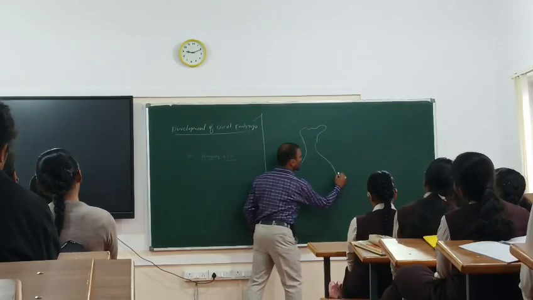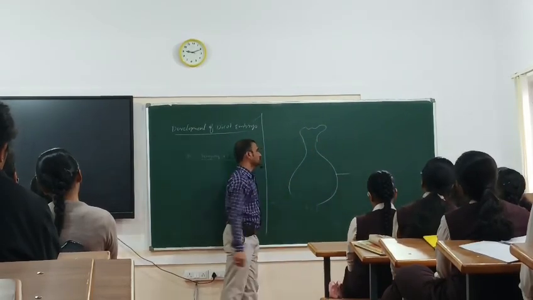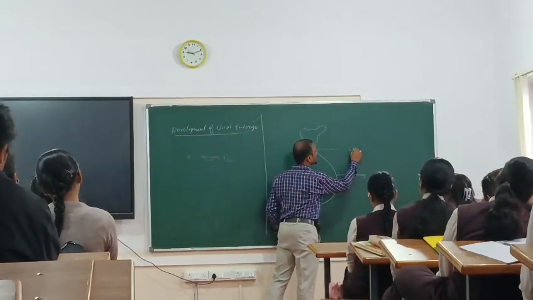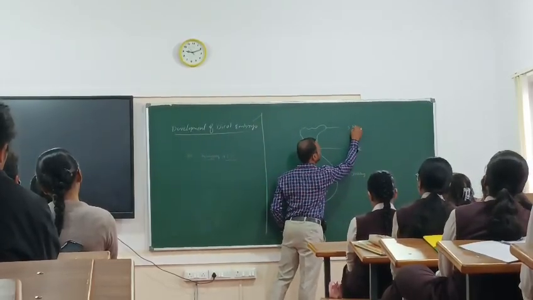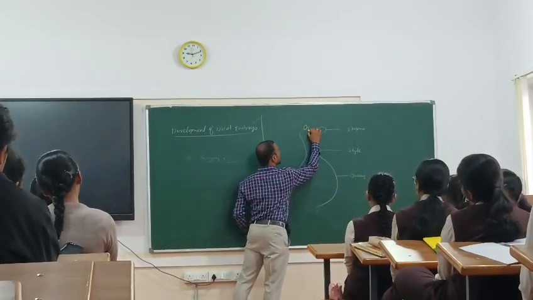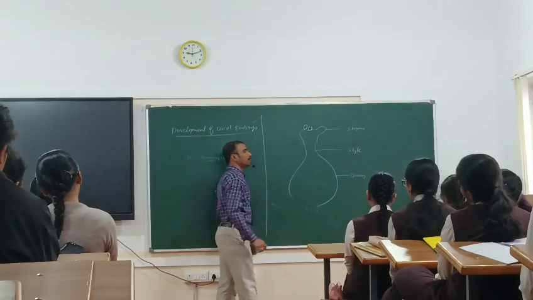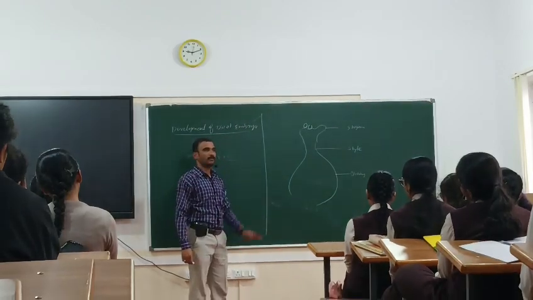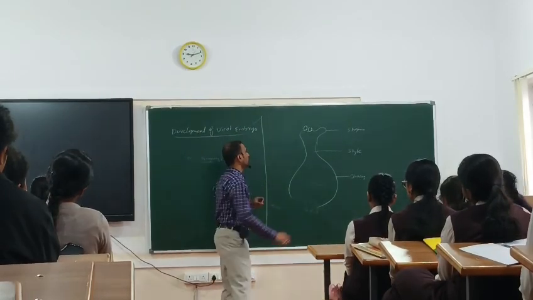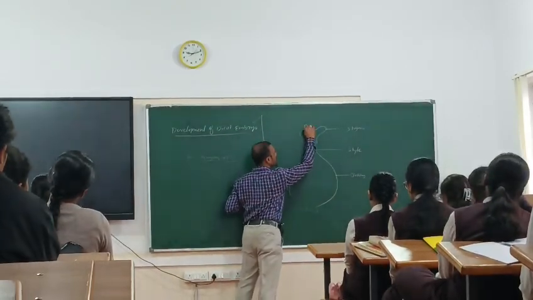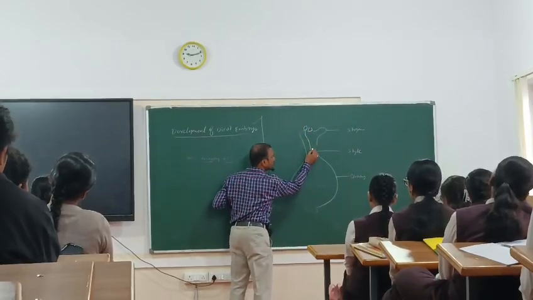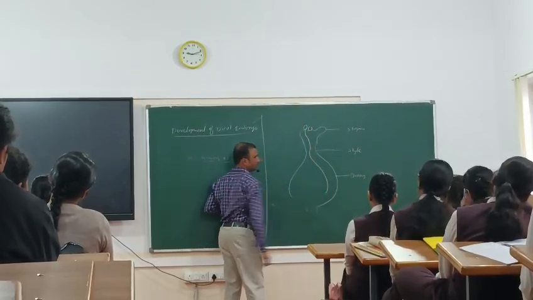Right. So what is this one? This one is the ovary. Next this one, style. This one, stigma. If the right type of pollen lands on the stigma, then the stigma accepts it. Then the pollen germinates on the stigma, the tube grows through the tissues and through the style, and reaches the ovary.